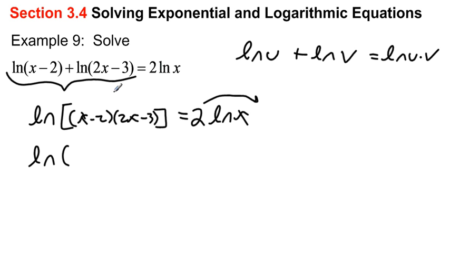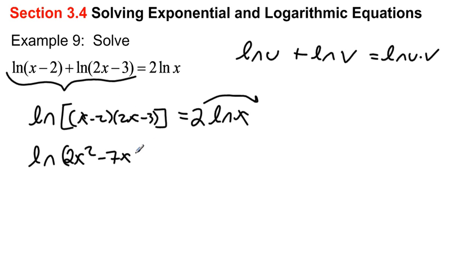And I'm going to go ahead and multiply this all out now. X times 2x is 2x squared. X times negative 3 is negative 3x. Negative 2 times 2x is negative 4x. So negative 3x minus 4x is negative 7x. I did that real quickly, but you can do this with the FOIL method yourself.